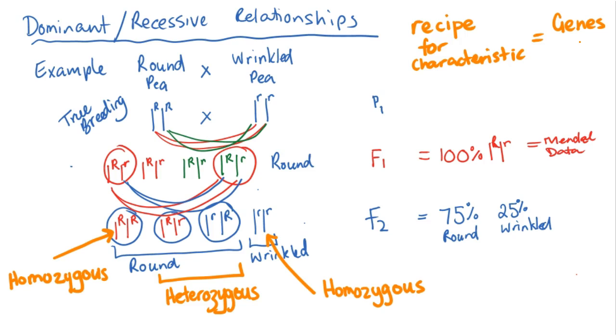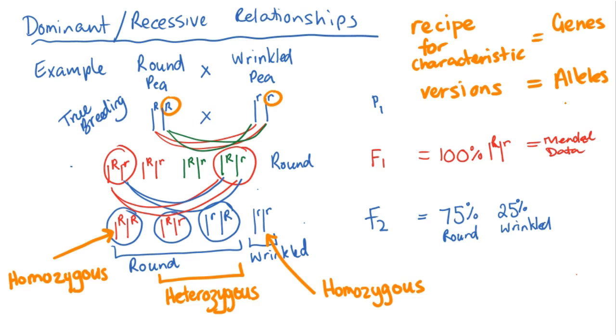So the actual recipe for a characteristic is called a gene, but as we know, each one of those recipes has many different versions of them. And those different versions, like round or wrinkled, are called alleles. So each version of a recipe is an allele.